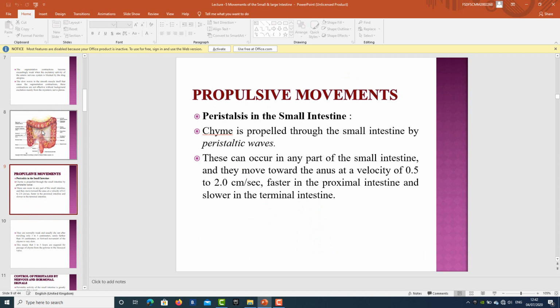Now let's talk about the propulsive movements. Peristalsis in the small intestine. The chyme is propelled through the small intestine by peristaltic waves. These can occur in any part of the small intestine, and they move toward the anus at a velocity of 0.5 to 2 centimeters per second, faster in the proximal intestine and slower in the terminal intestine.